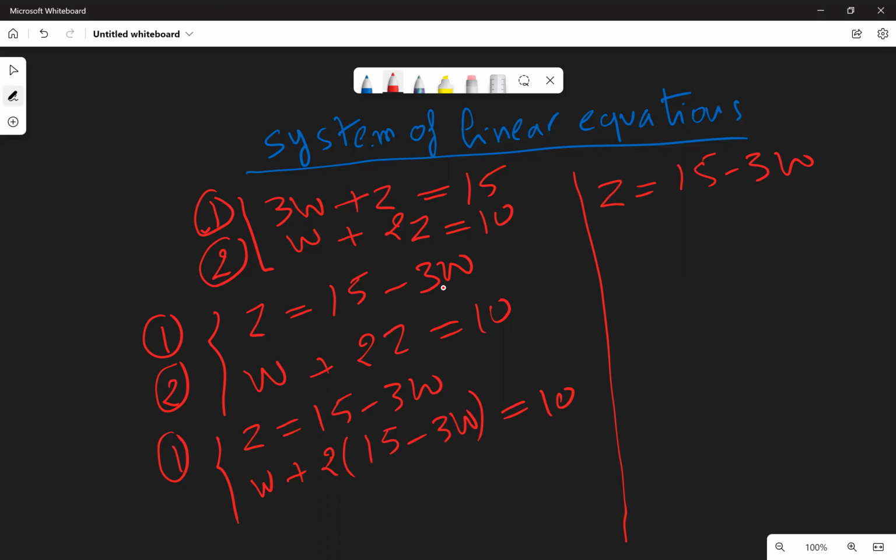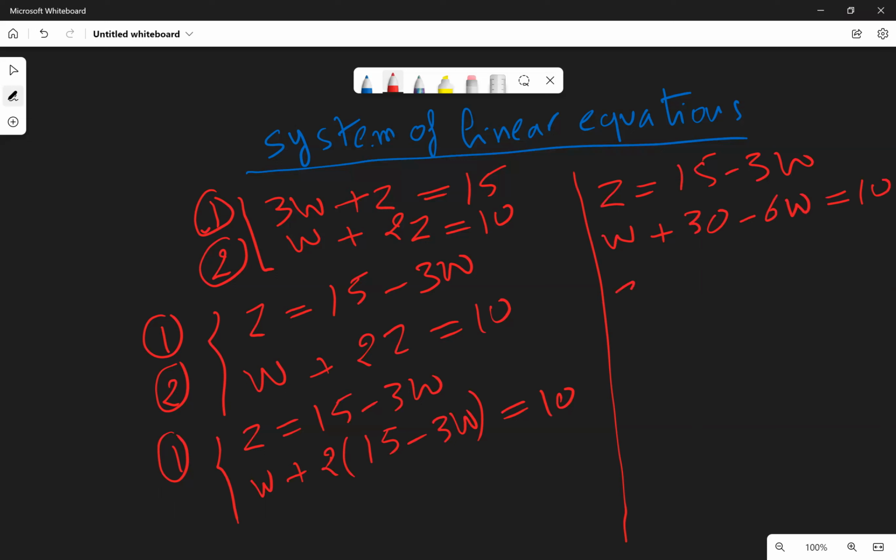Now we're just going to solve for w in the second equation. We have w plus 2 times 15 minus 3w, which is inside the parentheses. We have to distribute 2 into 15 and minus 3w. So 2 times 15 is 30, and 2 times negative 3w equals negative 6w, equals 10.